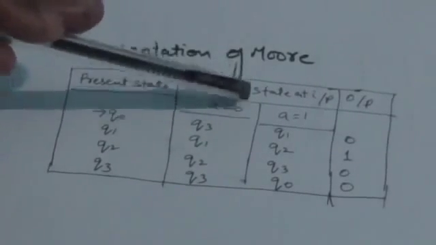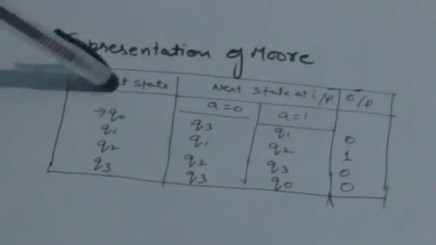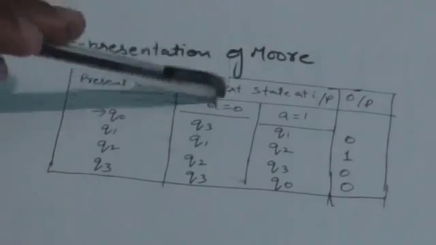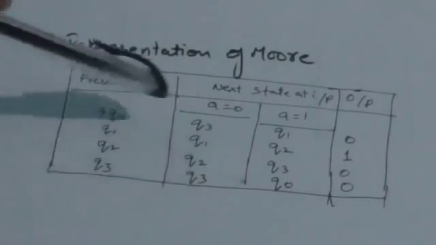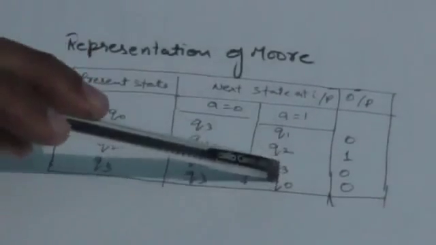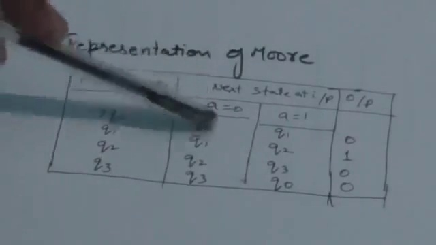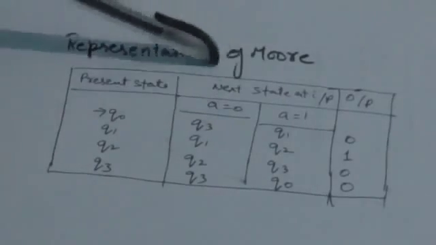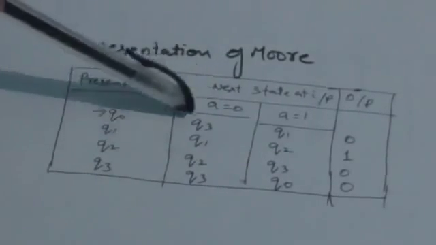When it reads 0, then the machine whose present state is Q3 and suppose it reads 0, it will jump to Q3. When it reads 1, then the machine from Q3 will jump to Q0. So in these two columns, the transitions of the Moore machine have been represented.